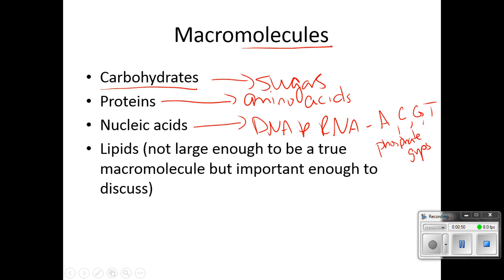They break down into nucleotides, which the 3 parts of the nucleotide are the base, the phosphate group, and then the deoxyribose sugars. Lipids are technically not large enough to be a true macromolecule, but important enough that we should discuss them as well.